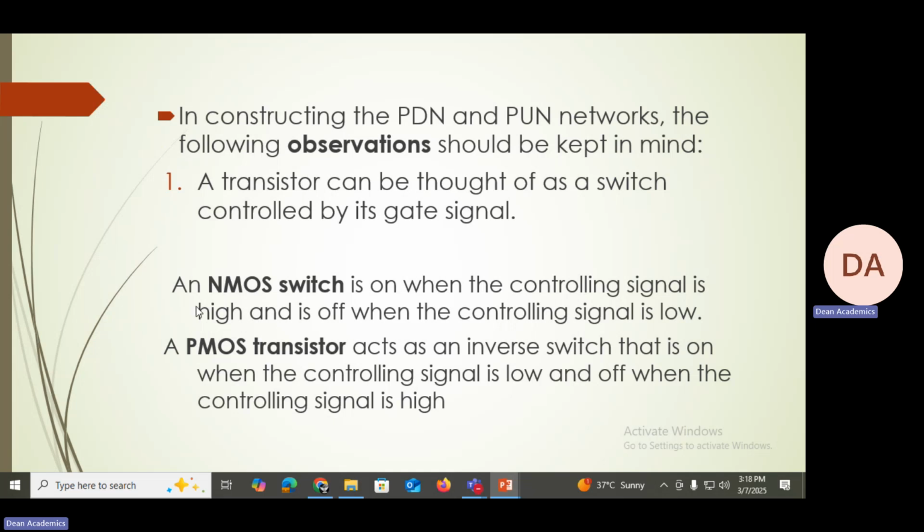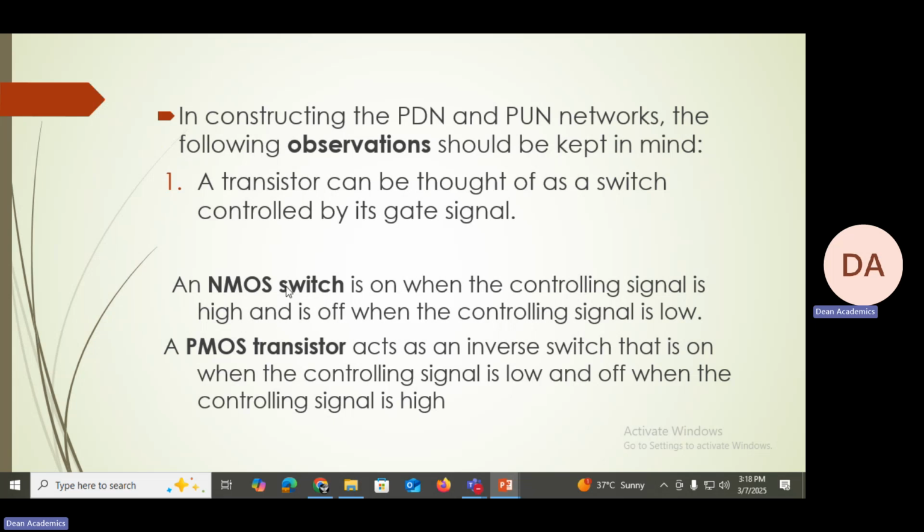For example, an NMOS switch is in on condition when the controlling signal is high and is in off condition when the controlling signal is 0. That means an NMOS transistor is on when we apply 5 volts and it is off when we apply 0 volts.